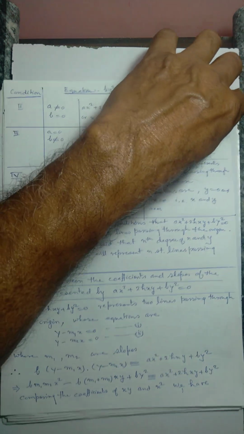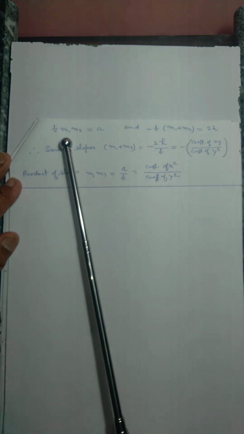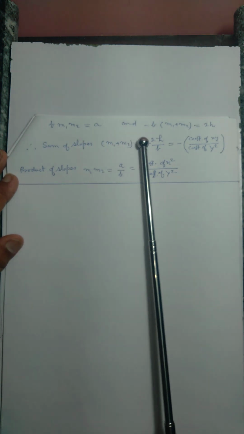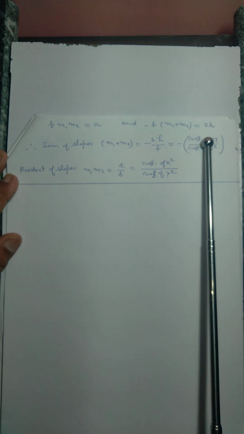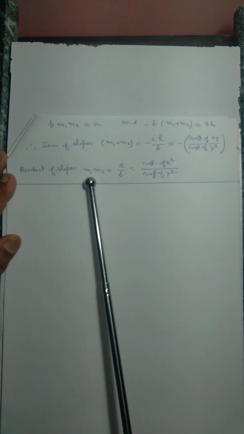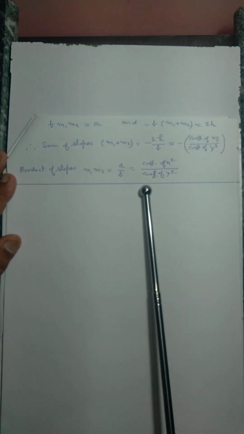So we will get b·m1·m2 = a, and −b(m1 + m2) = 2h. So the sum of the slopes is m1 + m2 = −2h/b, that is, minus coefficient of xy upon coefficient of y². Now the product of the slopes, m1·m2, will be a/b, the coefficient of x² upon coefficient of y².